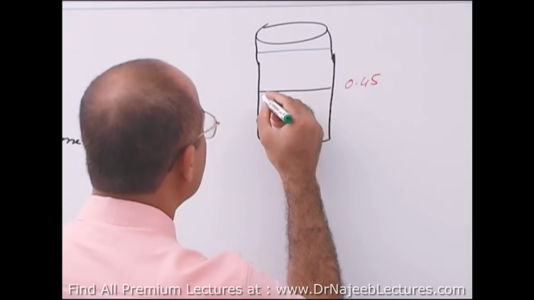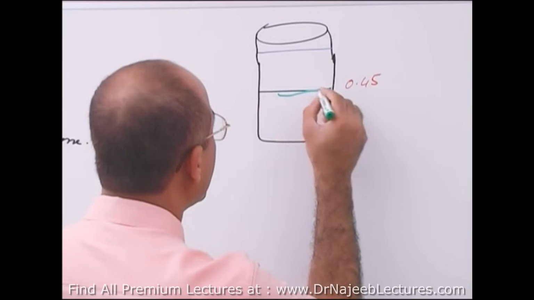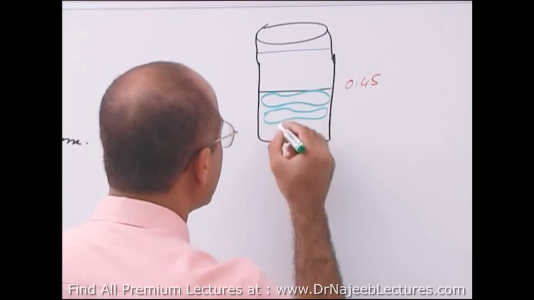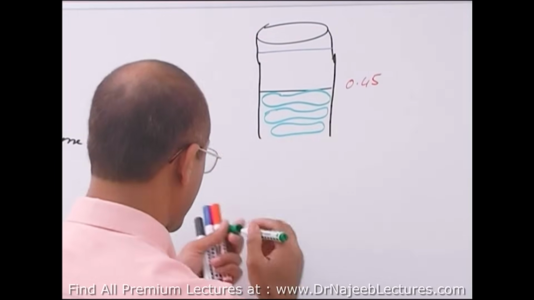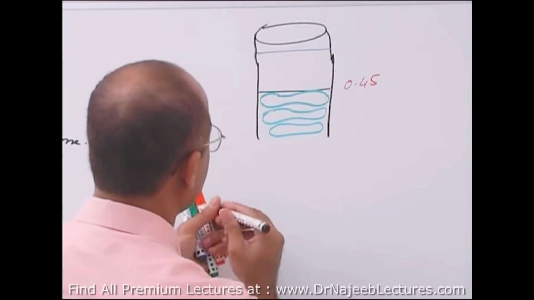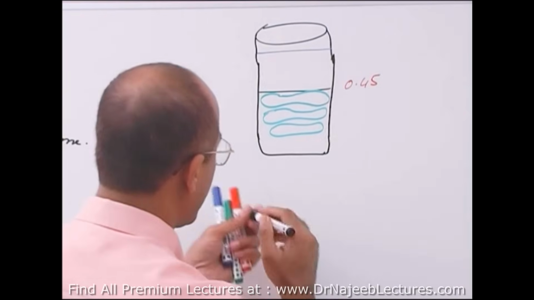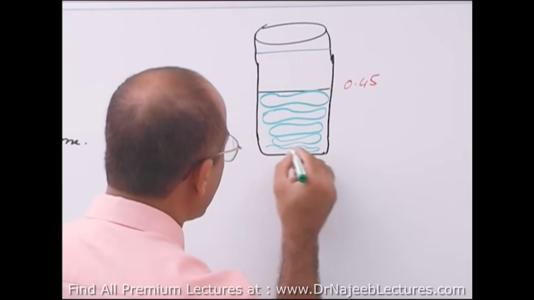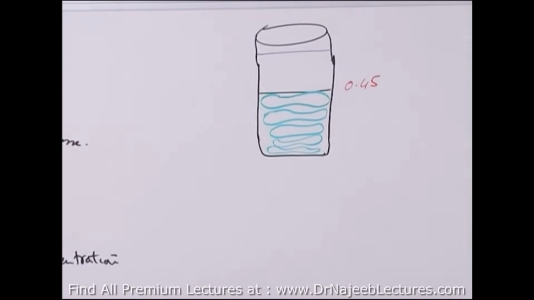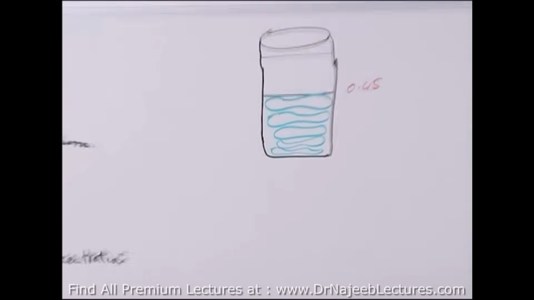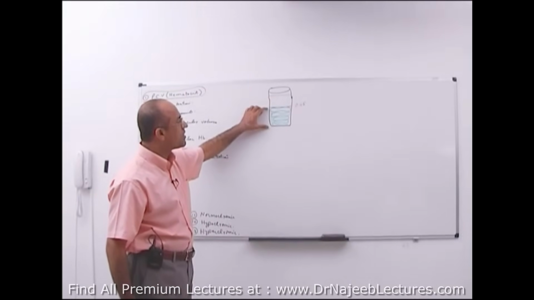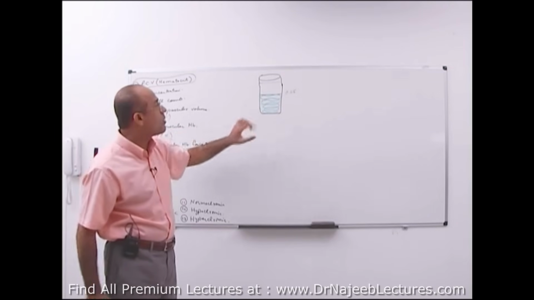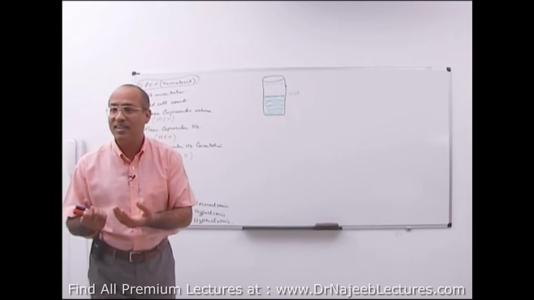I'm just putting a few red blood cells here. Now I've made only 5 red blood cells in this diagram. Actually there are not 5 red blood cells, there are a lot of red blood cells. But these 5 red blood cells in our diagram are representing all the red blood cells. Of course, packed cell volume consists of red blood cells.